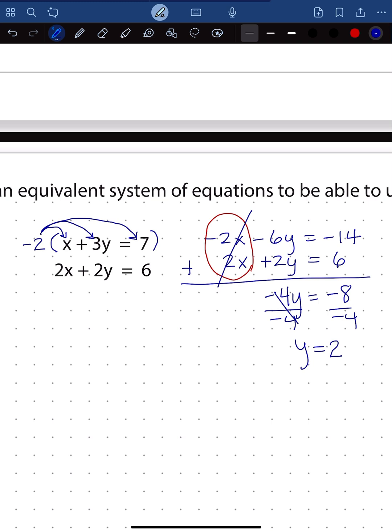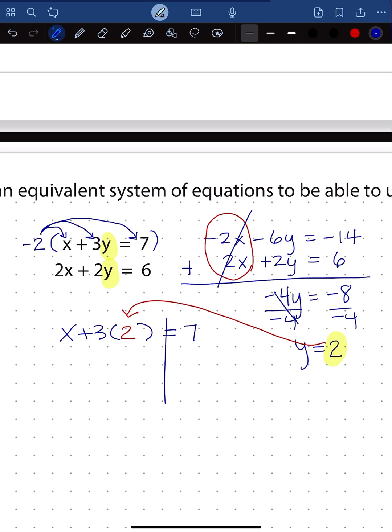Now I'm going to take this 2 here, and I can either substitute it in for this y here or this y here. It doesn't matter which one we choose. I'm going to go ahead and just go with the first equation. So x plus 3 times whatever y is equal to 7. Well, we're going to substitute in the value of 2 in for y here.